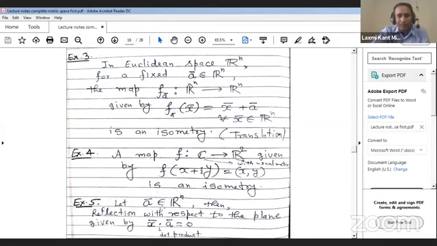Fifth example is, suppose we have a vector a bar in Rn. We consider a reflection with respect to the plane.